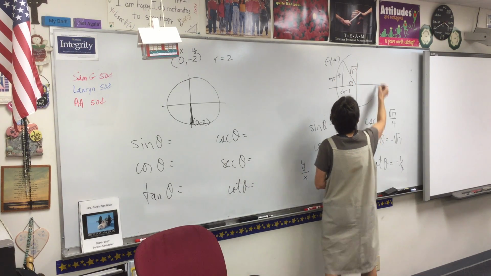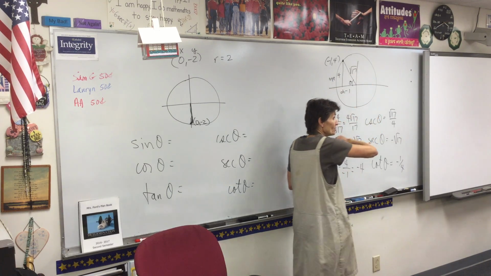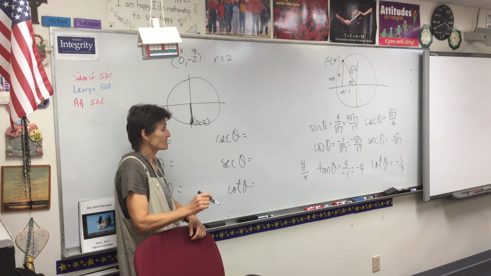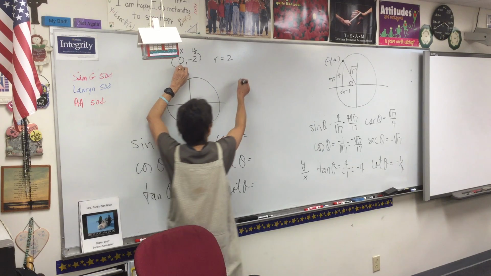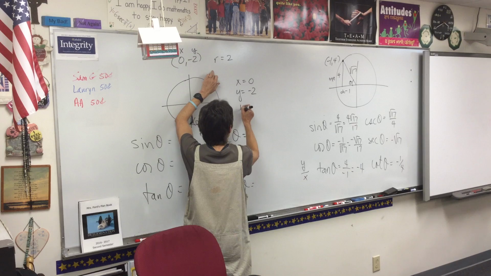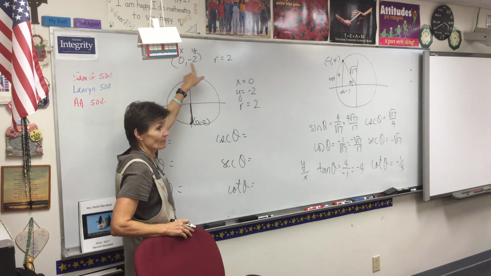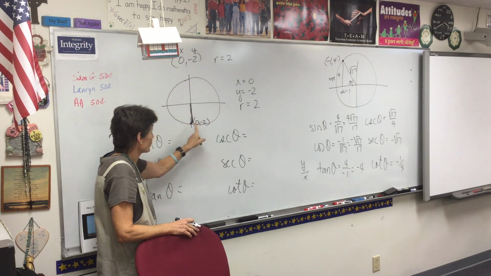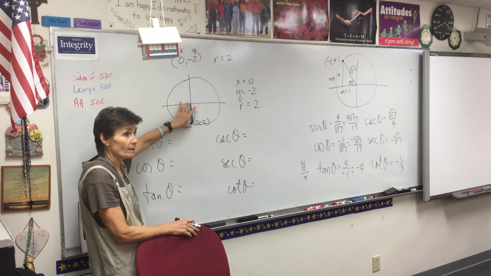If I drew a circle here through this point, see how the radius is the same as the hypotenuse? It is always positive. So you now have a situation where you know x is 0, y is -2, and r is 2. That was given. And then obviously, if the circle is going to go through that point, the radius has to be 2.